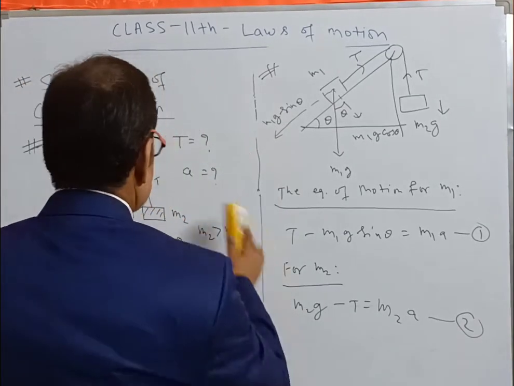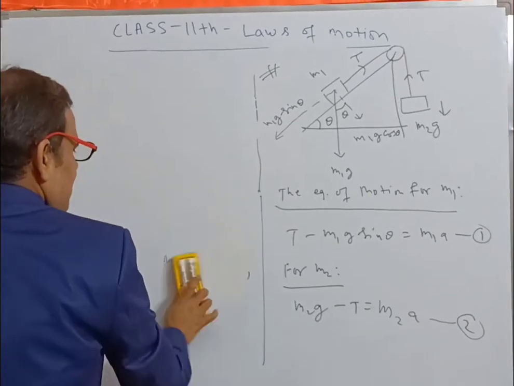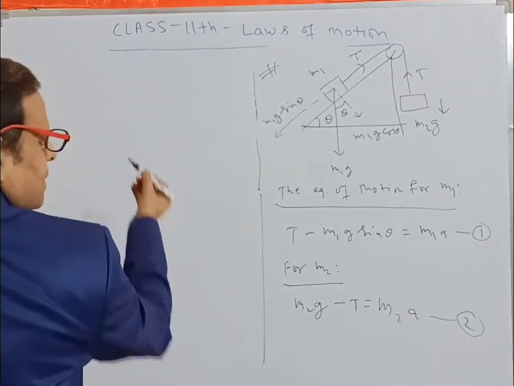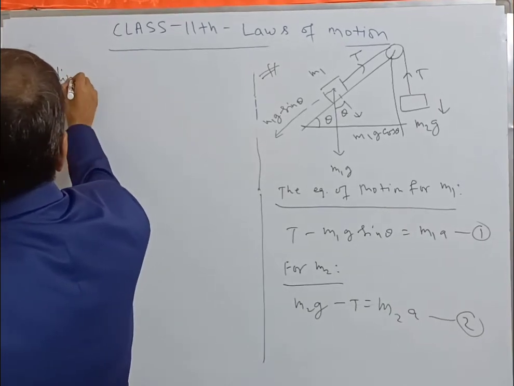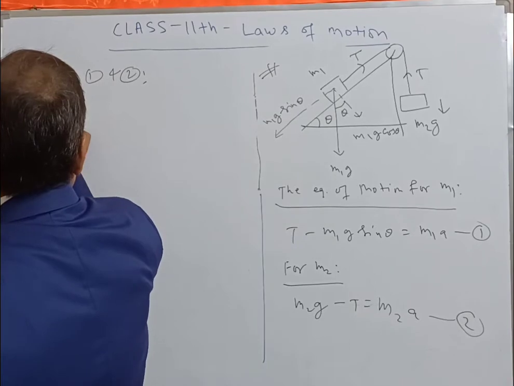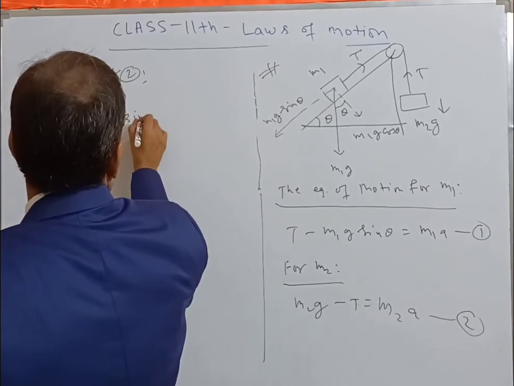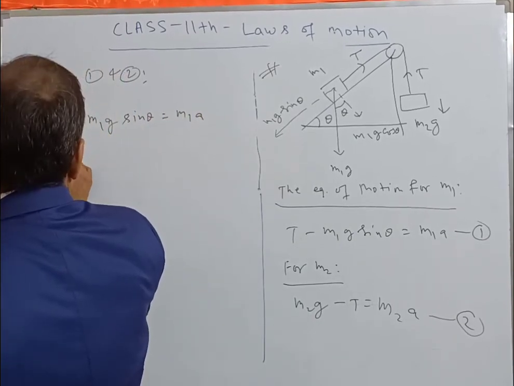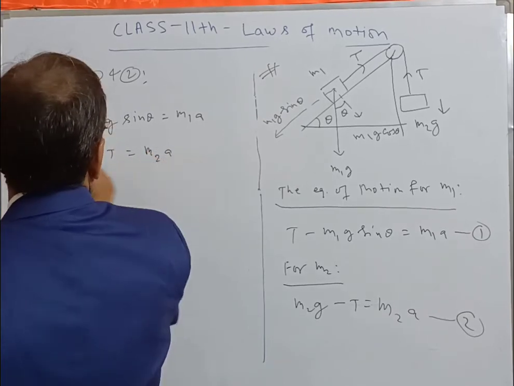We have T minus M1G sin theta equals M1A, and M2G minus T equals M2A.